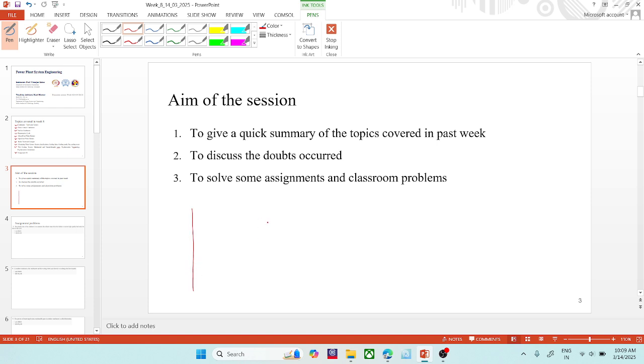So if this is the heat exchanger, this is the condensing steam, this is the horizontal line. This vertical axis is showing the temperature, and this is showing the length of the heat exchanger. This is the hot stream, or we can say the steam is condensing, which is denoted by this horizontal line.